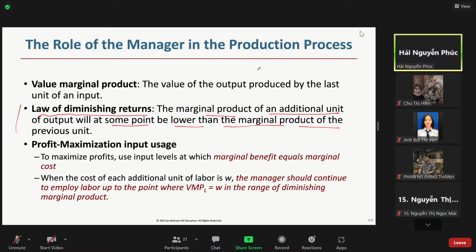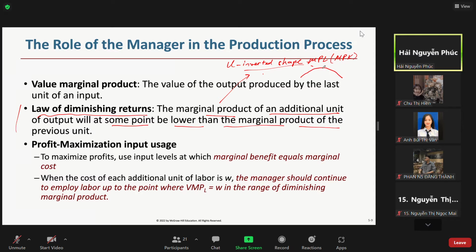So it actually means that we have an inverted U shape for the MPL or MPK. They look like this, right?